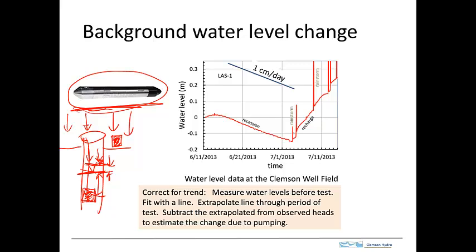And here is an example from that time period last summer, when during June here, this is starting in June and going into July, and you can see that we've got this period of recession where the water levels are dropping at roughly a uniform rate.